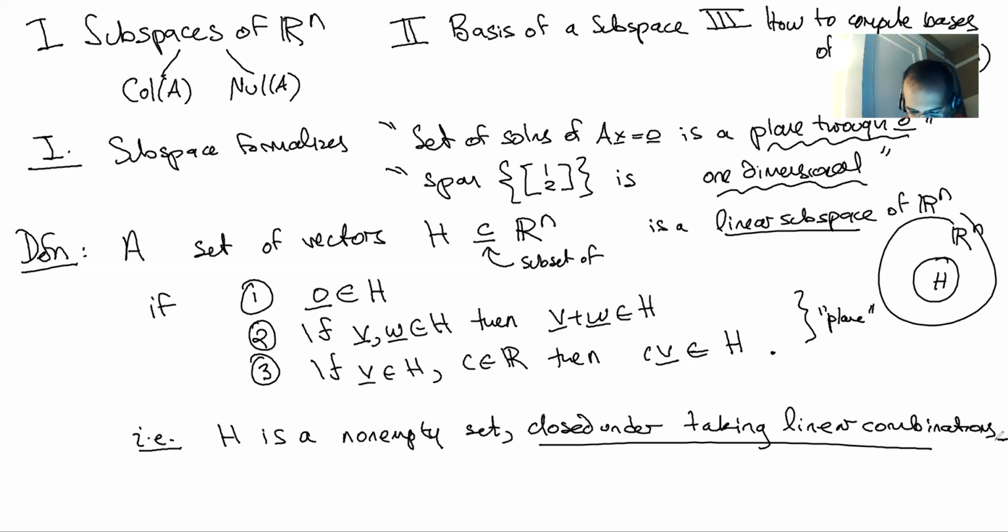Now let's look at why this is supposed to represent a plane through the origin. Let's look at R3, and suppose you have a plane through the origin.